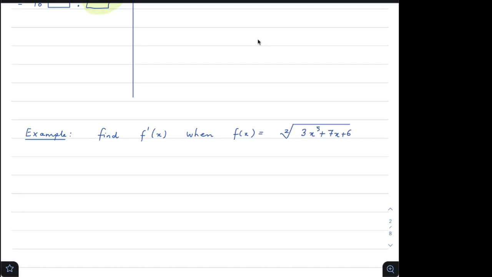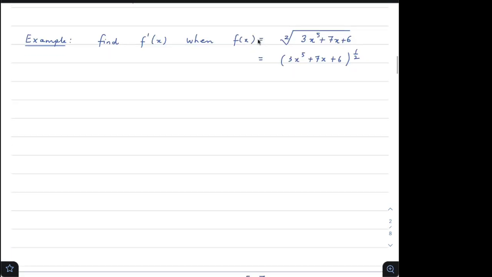Note that this function can be written as, again, as you can see, something to the power 1/2. So to differentiate a function which looks like this, we are going to do half times the box to the power 1/2 minus 1 times the derivative of that box.